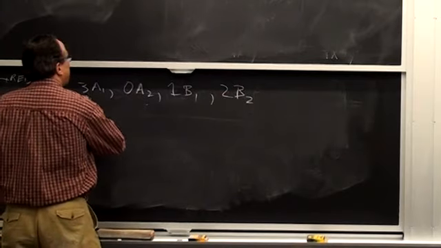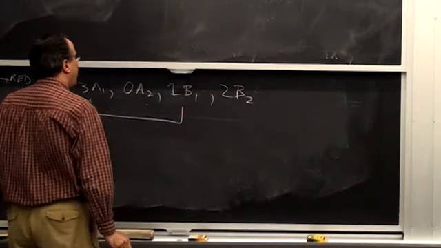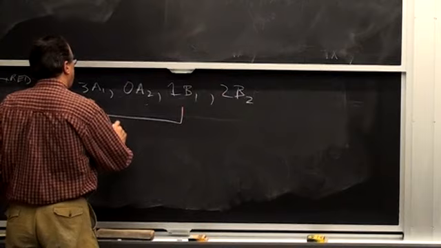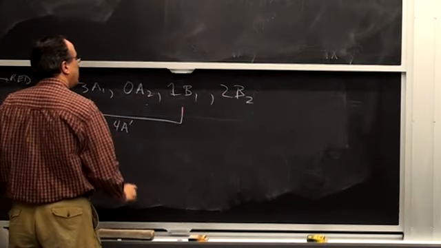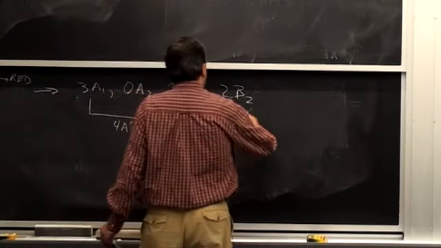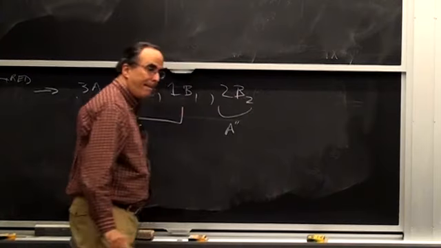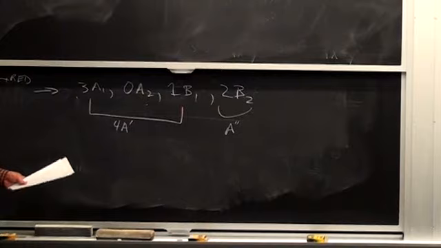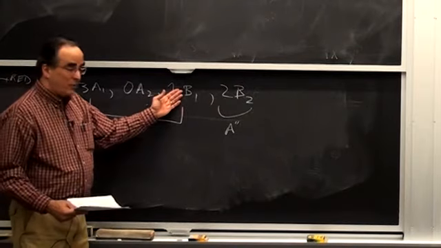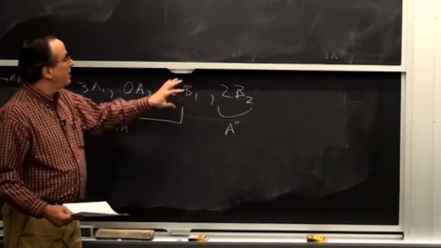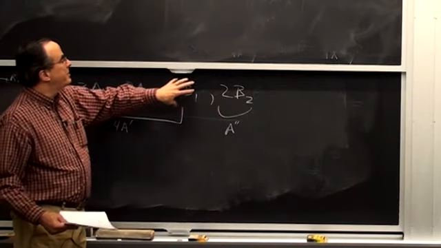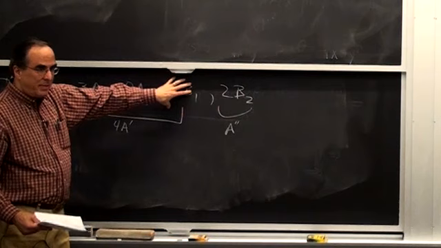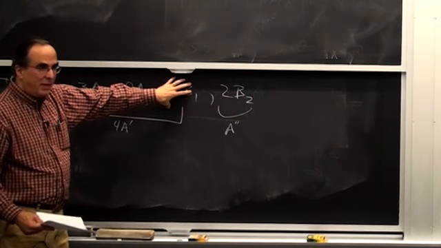if you go to CS symmetry, you have 4 A prime modes, and you have 2 A double prime modes. You can do the group theory. So these 4 modes are totally symmetric, and this symmetry is the symmetry of the out-of-plane bend.